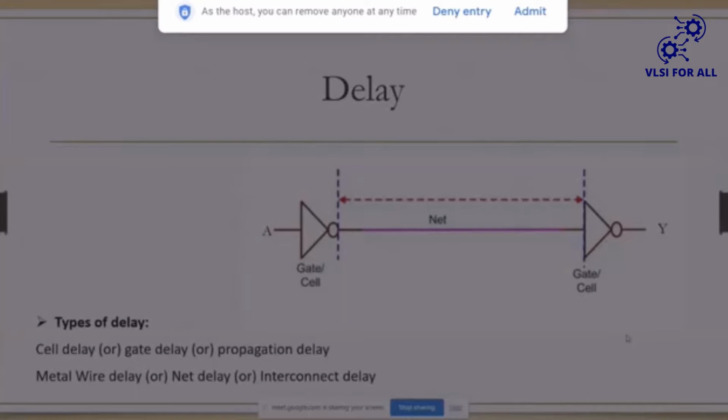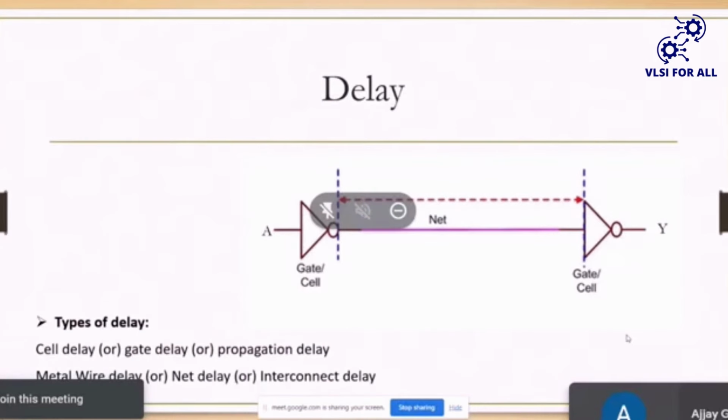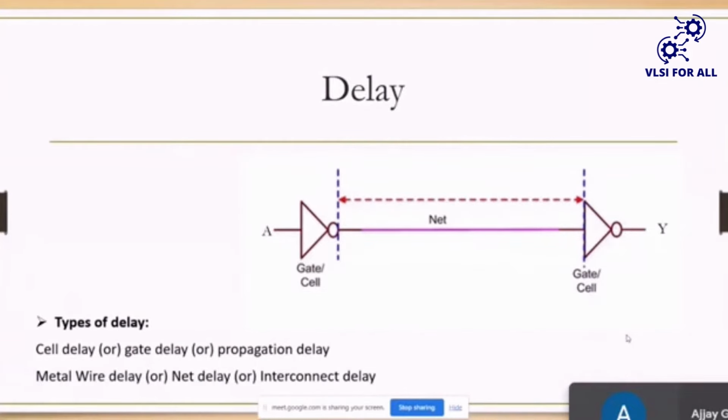Hope you know, between 2 points, a delay can be calculated by two elements especially. They are cell delay and net delay. Coming to the gate or cell delay, whatever the particular cell, be it a flip-flop or an AND gate or multiplexer or any other combinational or sequential element, it has some particular delay.